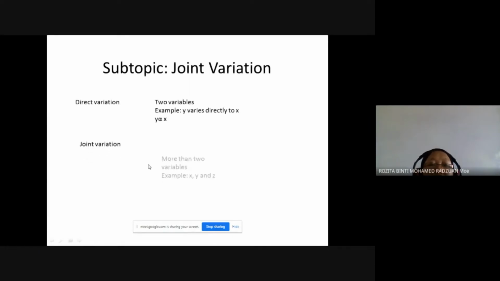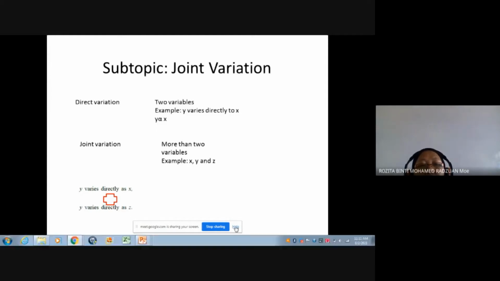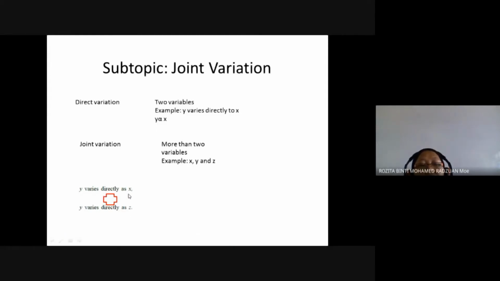In joint variation, we have more than two variables. In direct variation, we just have two variables. In joint variation, we have more than two variables. Example, we have x, y, and z. Let's say we have the first one, y varies directly as x. And then we join with y varies directly as z. So look at here, we have y varies directly as x and we have y varies directly as z.